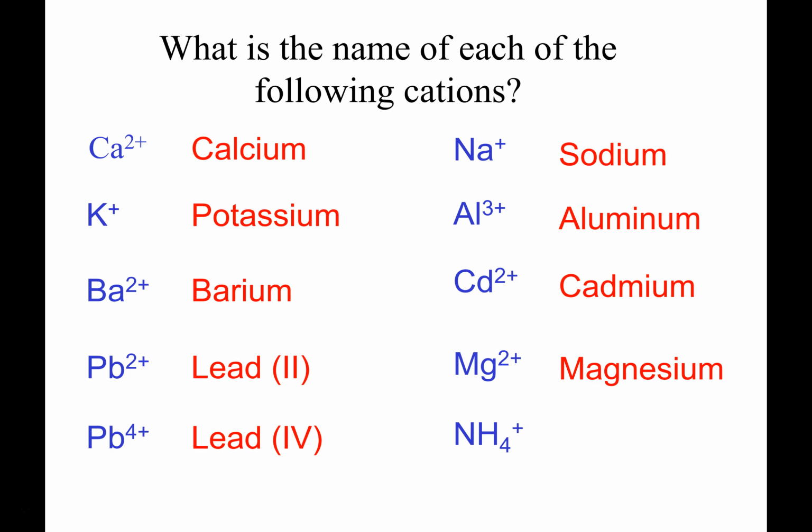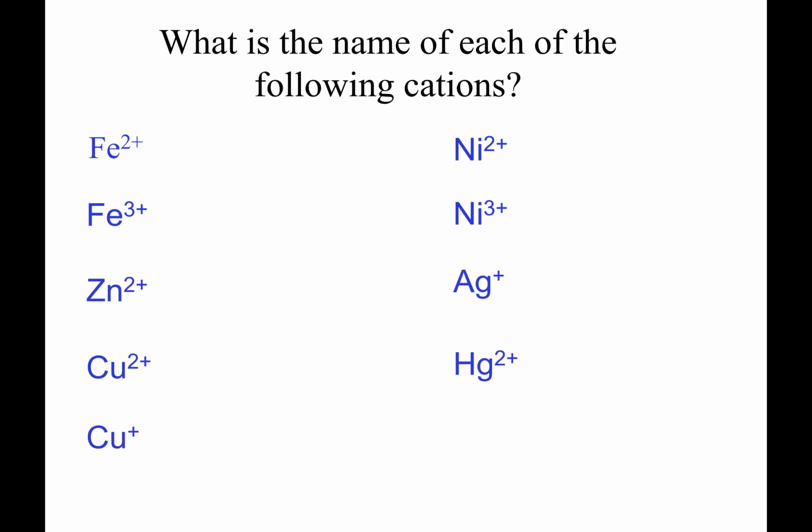And this one should not be on here. It's actually ammonium, so it's one of the polyatomic ions. Okay, final answer. All right. How about these? Would you go iron or iron 2? Iron 2.